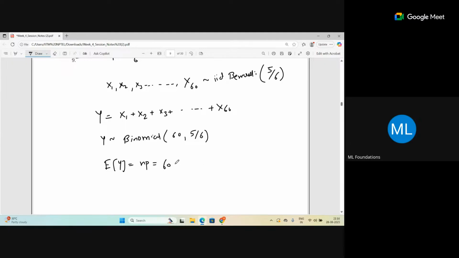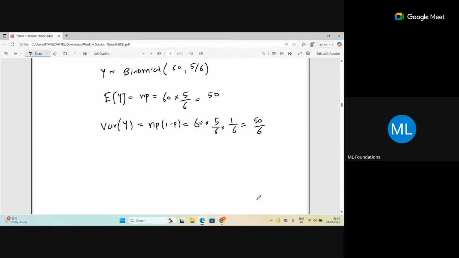So n equals 60 and the probability of success is 5 by 6, so the expectation is 50. Similarly, the variance of Y is n p into 1 minus p, which is 60 into 5 by 6 into 1 by 6, that is 50 by 6. That is going to be my variance. So what is Chebyshev inequality?